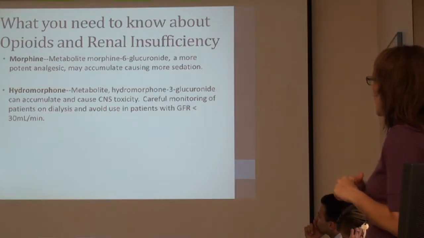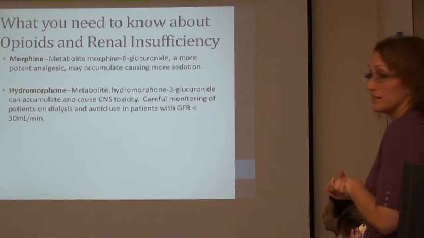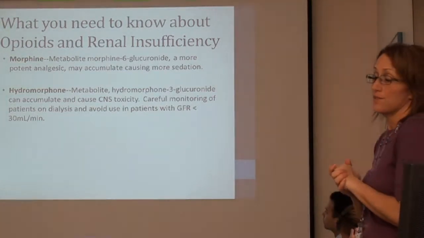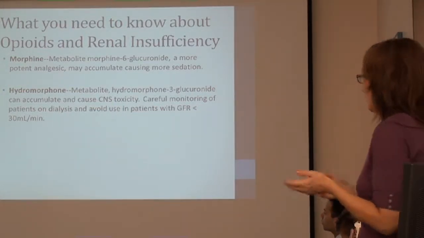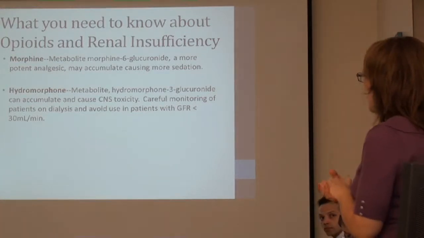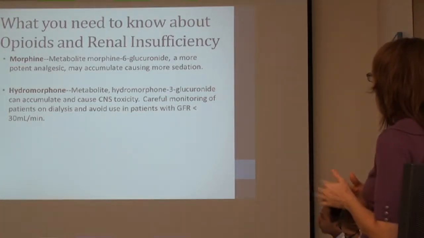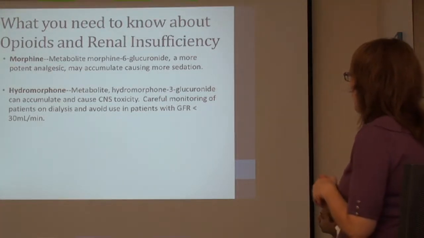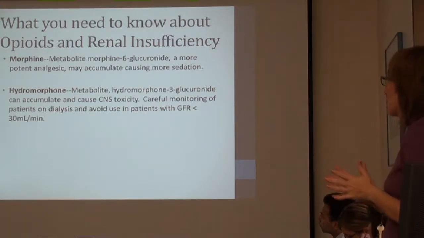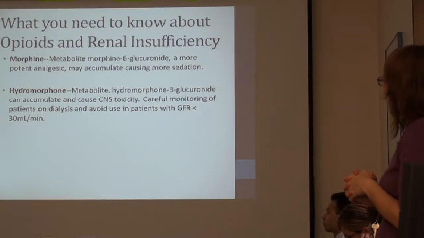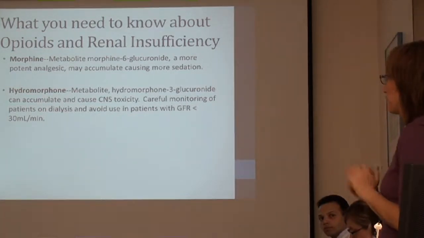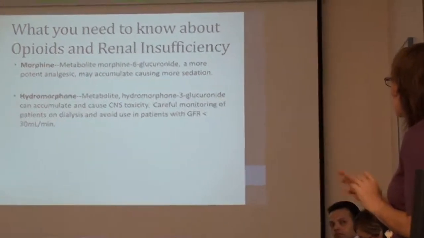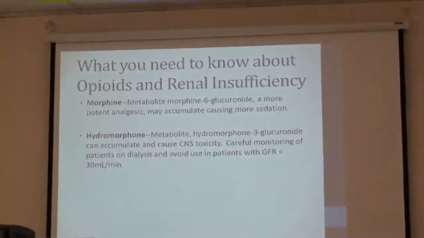Hydromorphone also has a metabolite that's inactive, so it does not help with pain control at all, but it does cause CNS toxicity that builds up. So with hydromorphone, you have to be very careful with patients on dialysis. But you can use it because on dialysis, you just have to be careful. And you have to avoid it in the patients with a GFR less than 30, okay?